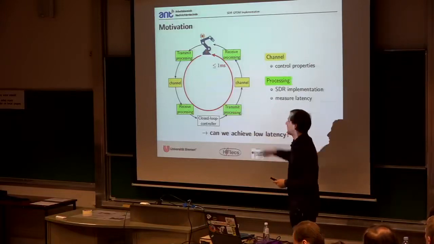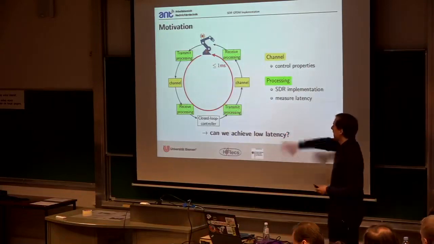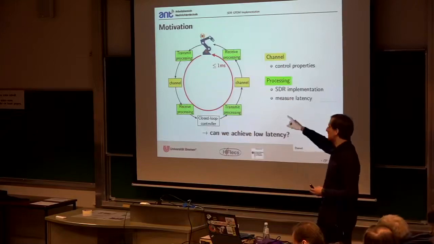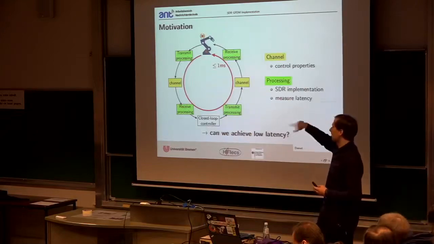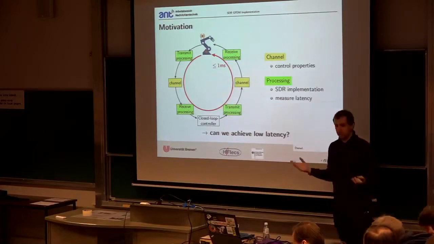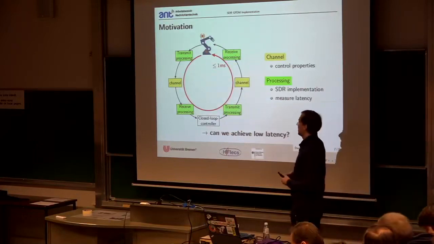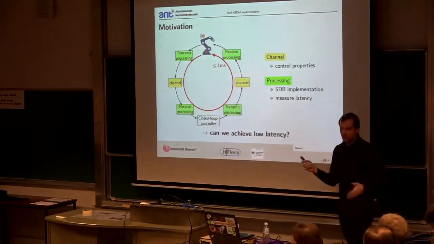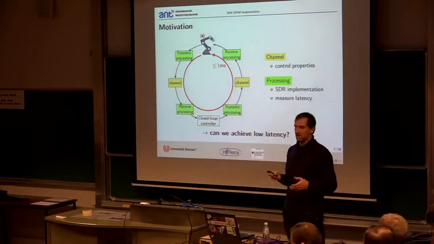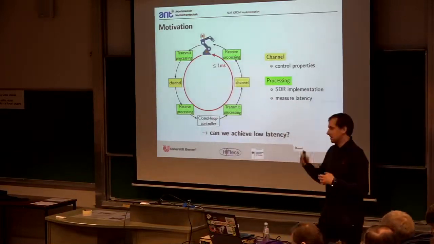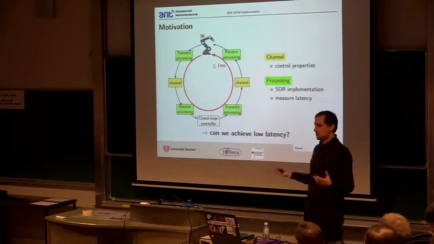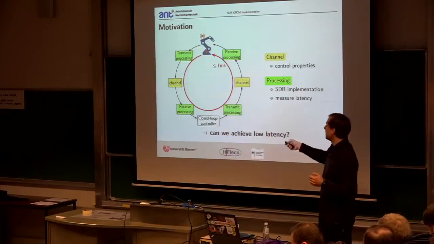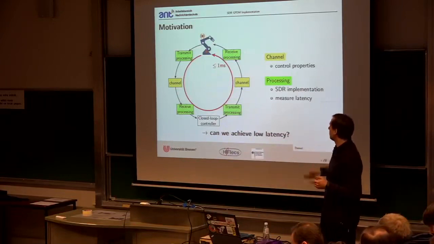So if we look at this system now, we have a device that needs to send out status and receive an update within a millisecond. And in between, there's a communication system. So we'll have a channel here. We can control its properties by setting certain filter properties, etc., and the frequency, but in the end, well, we have to deal with it. But what we can completely control is our signal processing here, here, and here.